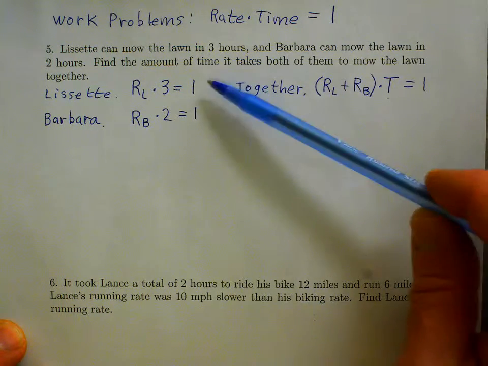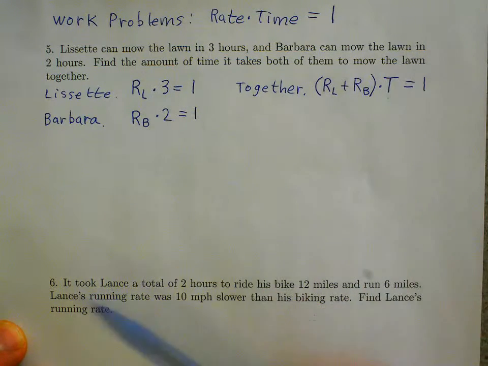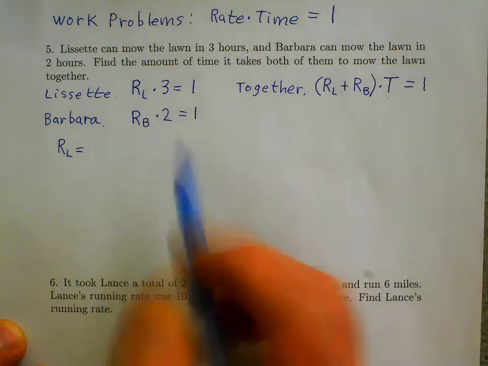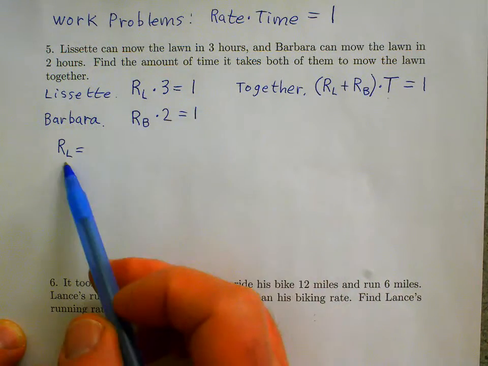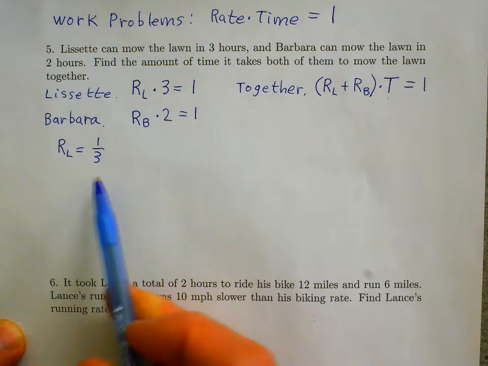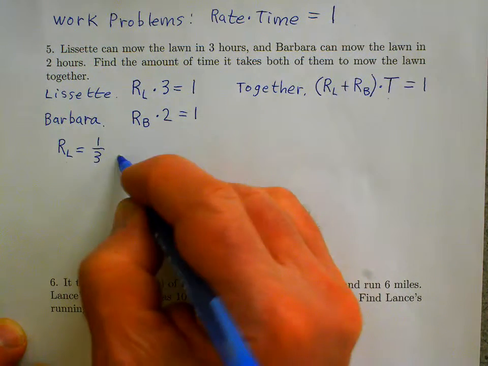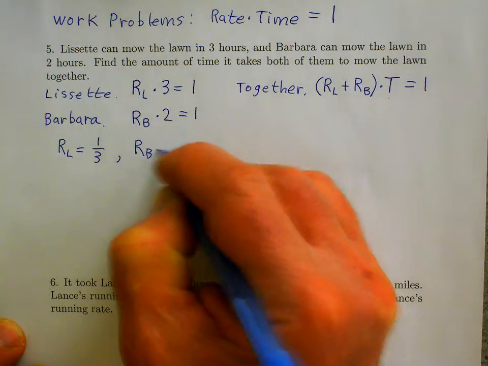Okay, so what we do, each of those three equations we solve for the rate. Lizette's rate, we can find that if we divide both sides of this equation by 3. Lizette's rate is 1/3, which means that she can mow 1/3 of the lawn per hour. Barbara's rate is 1/2.